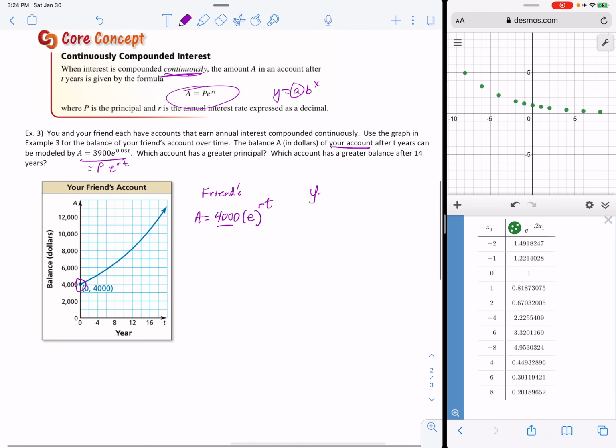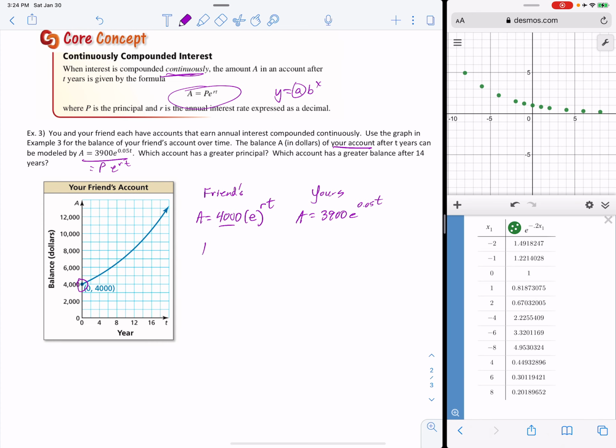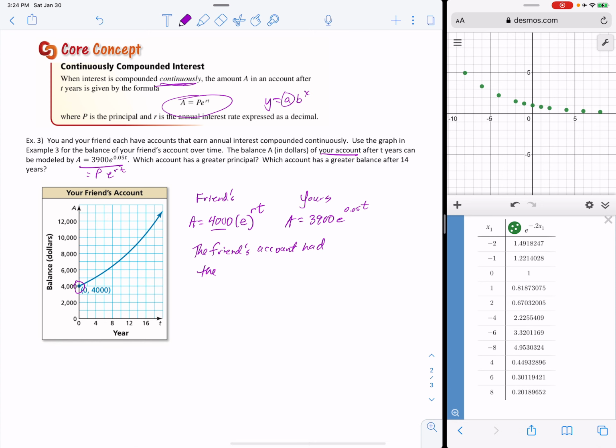And yours is A is equal to 3,900 e to the 0.05t. And so the friend's account had the greater principal.